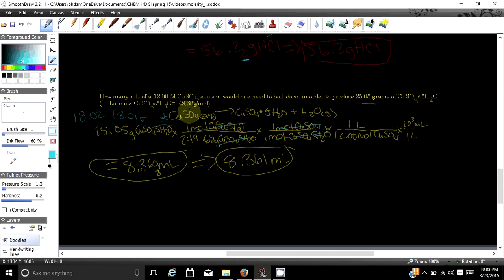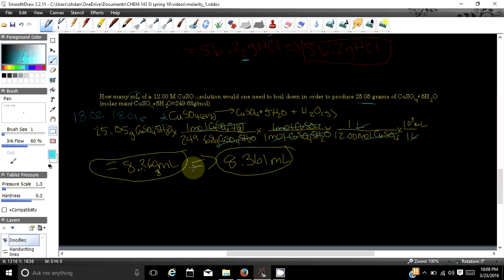It came from right here. So now we're in the aqueous version of CuSO4, which we know is 12 moles for every liter. So that will cancel with that, and now we're in liters, but the answer is requested in milliliters. So we have to do that quick little conversion.